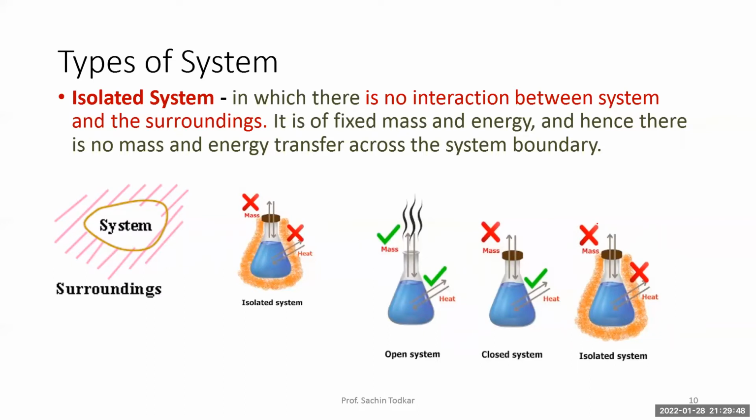So in an open system, there will be both mass transfer and heat transfer. In a closed system, there will not be mass transfer, only heat transfer is allowed. And in an isolated system, no mass transfer, no heat transfer.